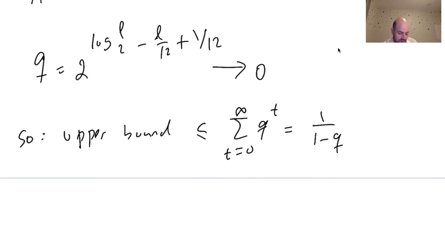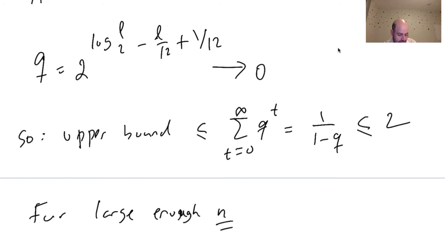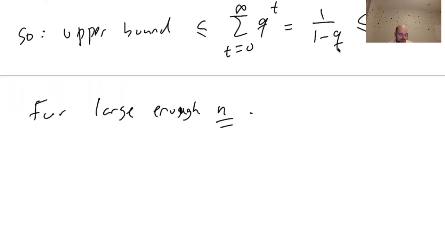And because q goes to 0, this is less than or equal to, let me say 2, for example, for large enough n. Now q depends on L and L depends on n, so for large enough n, 1 over 1 minus q will be less than 2.